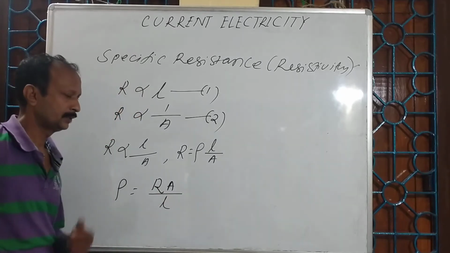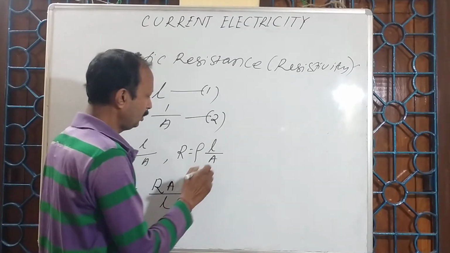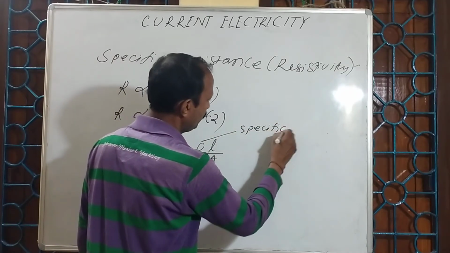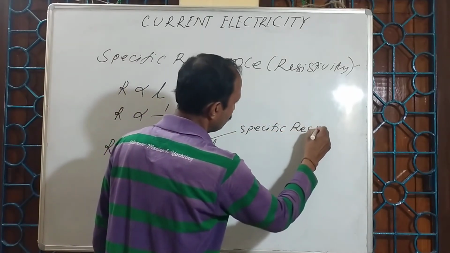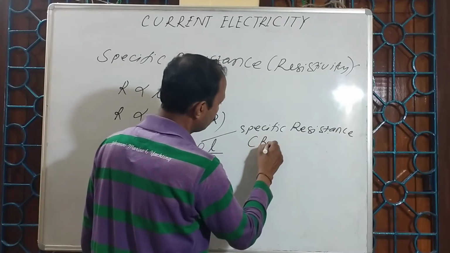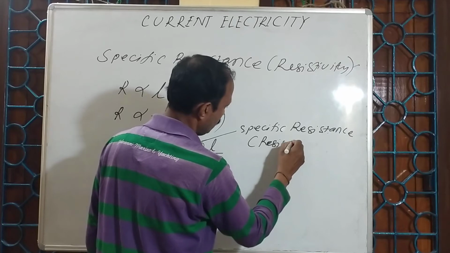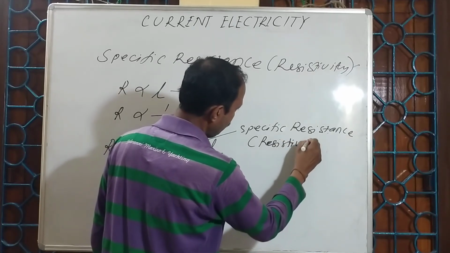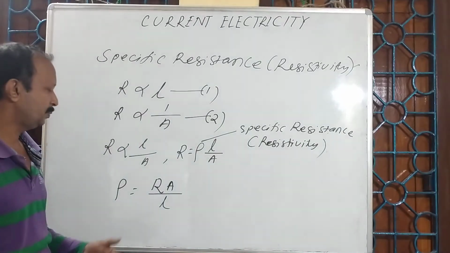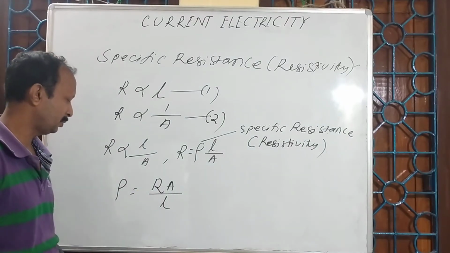Listen carefully. This rho is called specific resistance, or resistivity. Rho is called specific resistance or resistivity.